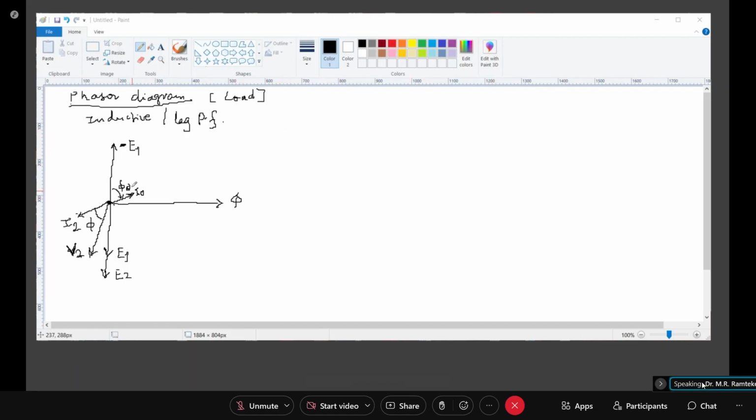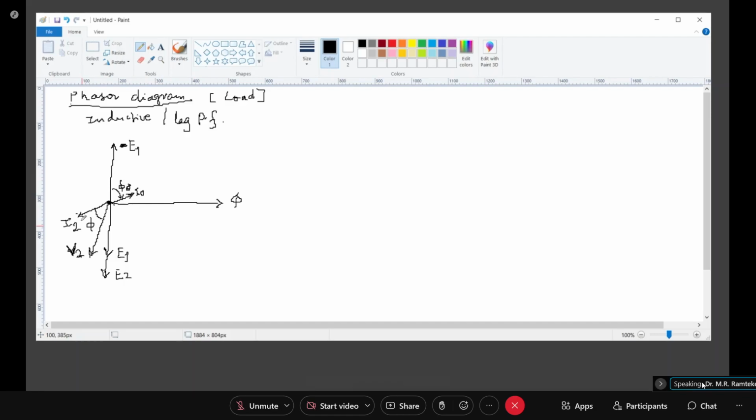Now actually the angle between I0 and V1, the supply, is phi 0, but we are showing it with E1, because the phasor difference is very small and we can take it as phi 0 between E1 and I0.